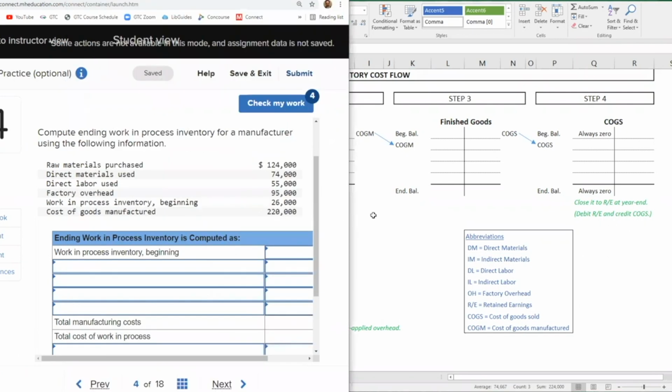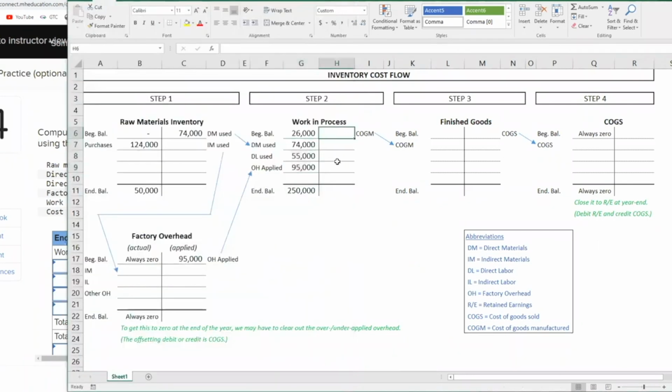Cost of goods manufactured is going to be the bikes we finished, 220,000. That goes here. So as you can see, we already had that much in process. We put more materials, labor, and overhead into the process, which gave us like, I don't know, 250,000, but we finished bikes of 220,000.